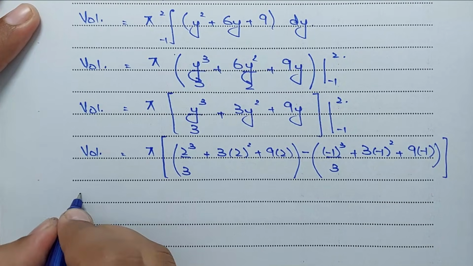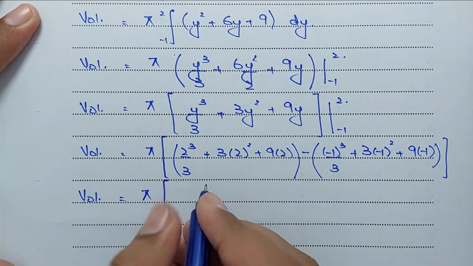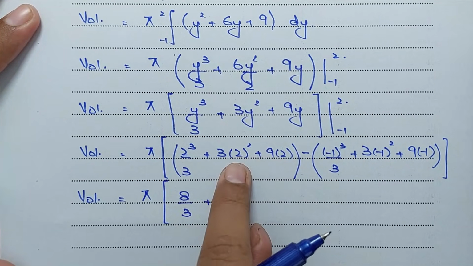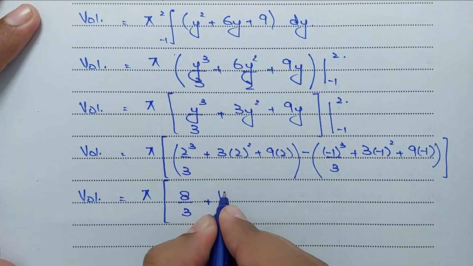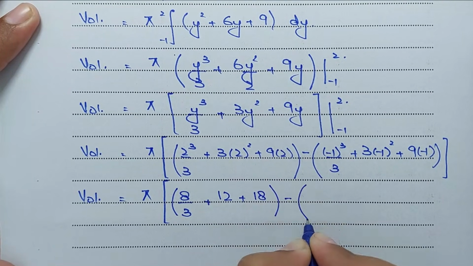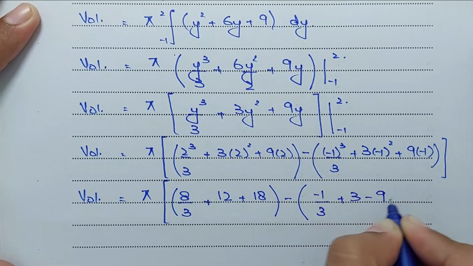Now 2 cubed is 8 over 3, plus 3 times 4 is 12, plus 9 times 2 is 18, minus the quantity minus 1 over 3 plus 3 minus 9.